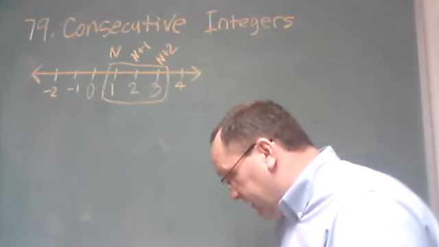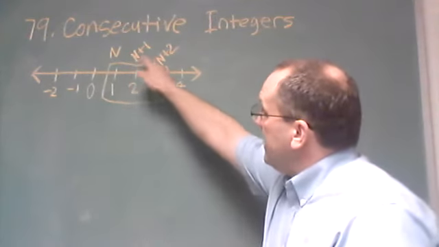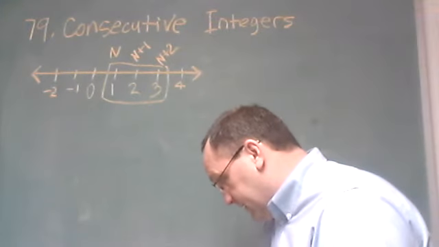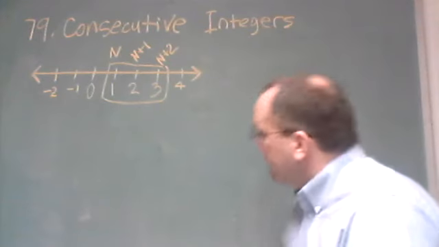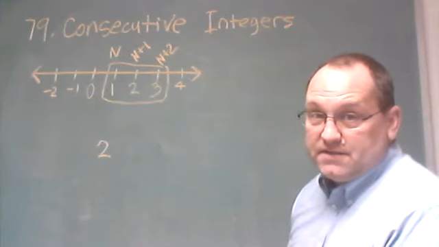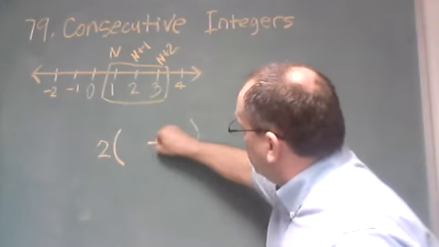So it says find three consecutive integers, so we're still going to use n, n plus 1, n plus 2 as those integers, such that twice the sum, okay, so we're going to have 2 times the sum. So I'm going to put that sum inside of parentheses.